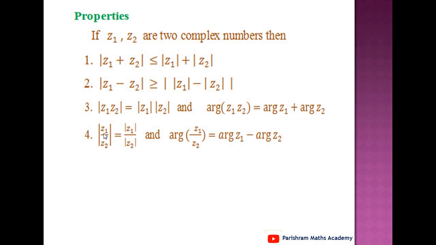Fourth, mod of Z1 upon Z2 equals mod of Z1 upon mod of Z2, and argument of Z1 upon Z2 equals argument of Z1 minus argument of Z2. And last, mod of Z1 plus Z2 square plus mod of Z1 minus Z2 square equals 2 times mod of Z1 square plus 2 times mod of Z2 square. These are the 5 properties of the complex numbers Z1 and Z2.